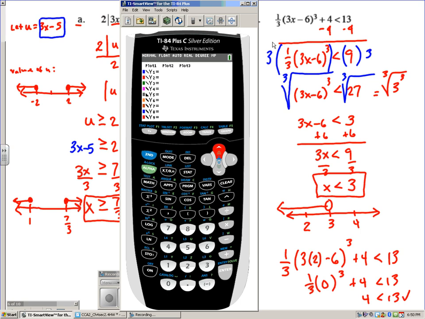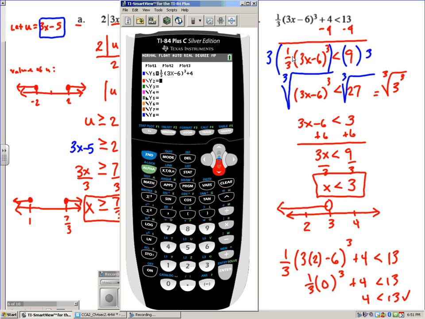All right, alpha, y equals, let's bring up that fraction menu. Let's do 1/3, and we have times the quantity of 3x minus 6. Close it, raise it to the 3rd power, plus 4.